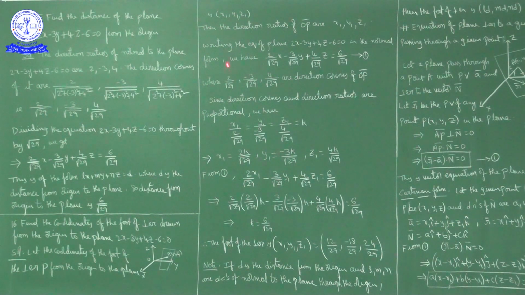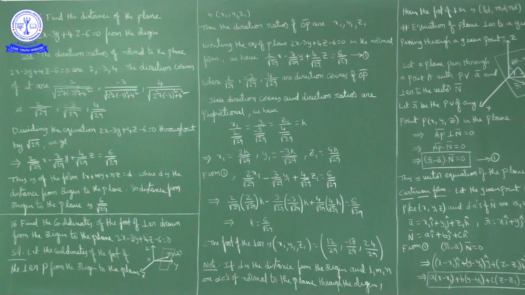So direction ratios of OP bar are x1, y1, z1. This is one thing. What is the plane equation given? Given plane equation is 2x minus 3y plus 4z is equal to 6. Here 2, minus 3, 4 are direction ratios of normal to the plane.